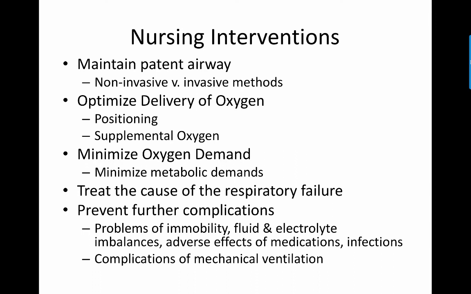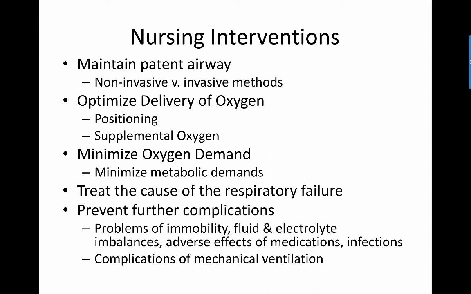So patients are at risk for getting pneumonia in the hospital, which again is just going to add a whole other layer of complexity to the patient, right? You come in with heart failure exacerbation, get intubated, end up with pneumonia. Not a good thing. Now you have a whole other problem to deal with and manage, right? So we have to look at a bucket of interventions that we can do for the patient.